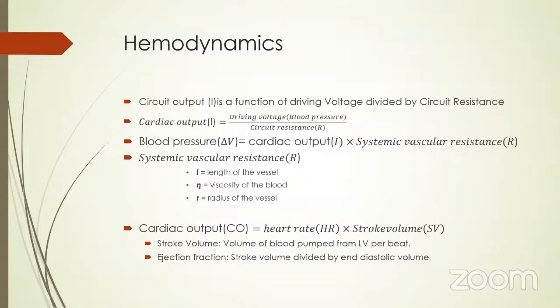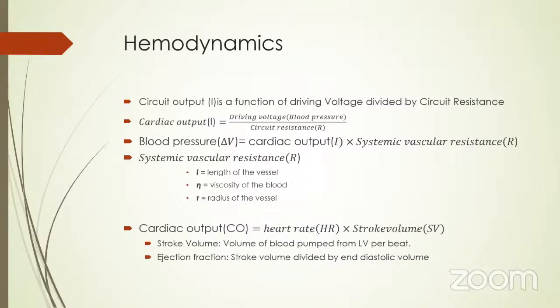The systemic vascular resistance is directly proportional to the length of the vessel and the viscosity of the blood, and inversely proportional to the radius of the vessel.